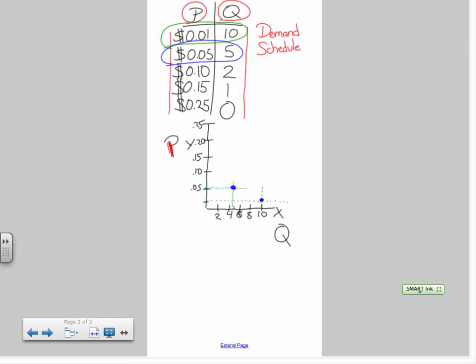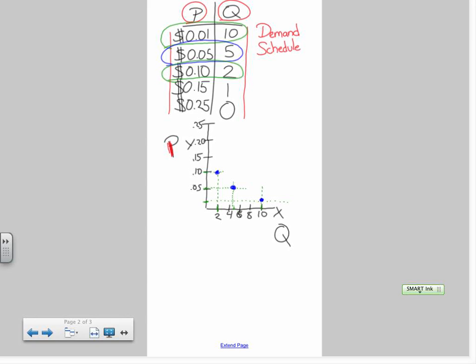All right, next one. 0.10 and 2. So 0.10 is right here. 2 is right here. So over and up and plot your point.